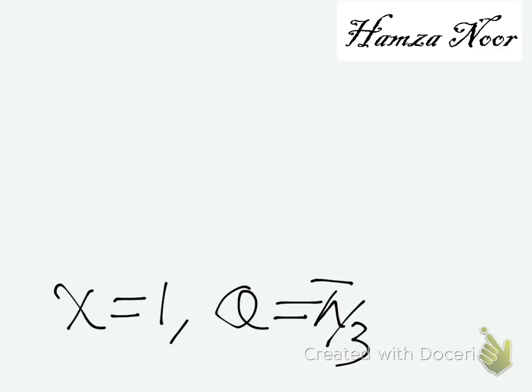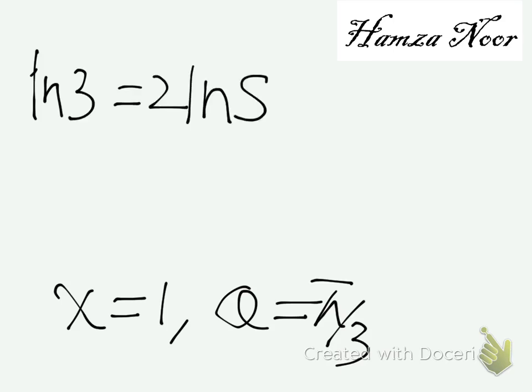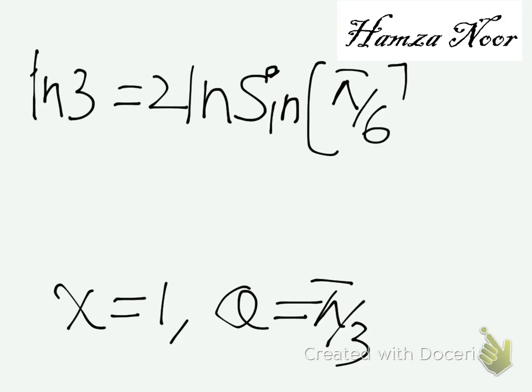This means ln x plus 2 is ln 3, which is equal to 2 ln sine of pi over 3 divided by 2, that means sine pi over 6, plus c. So you will just solve it and you will obtain c is equal to ln 12.